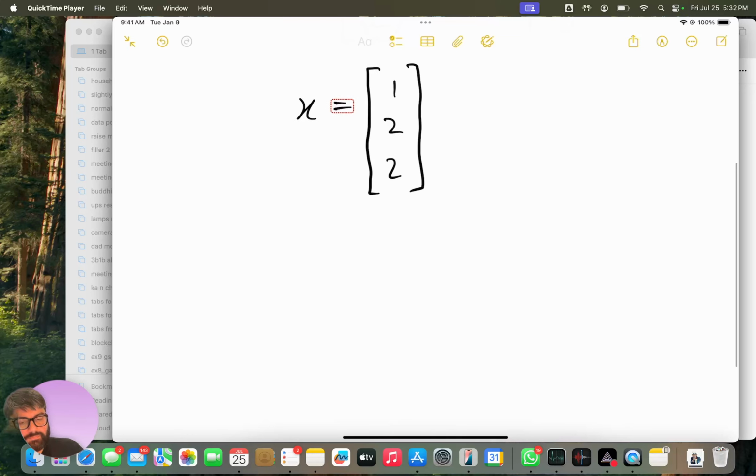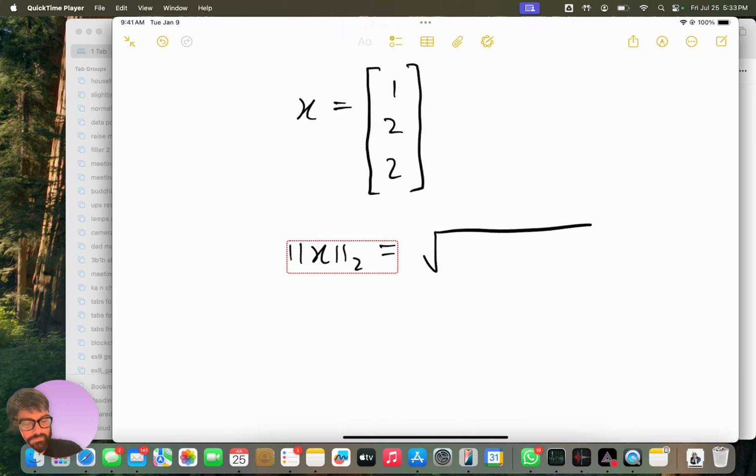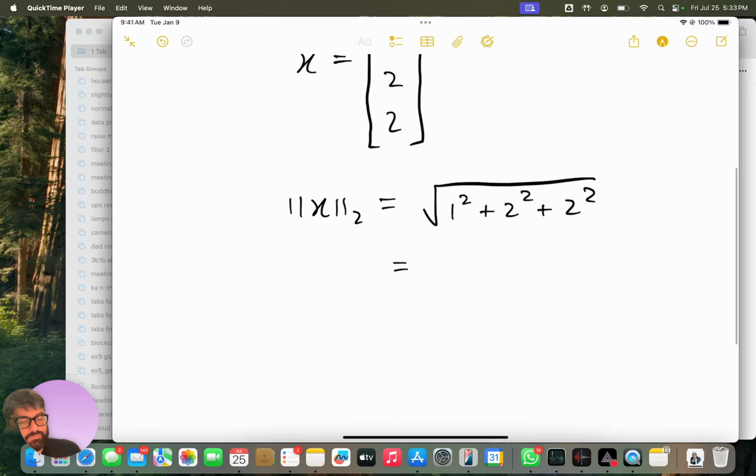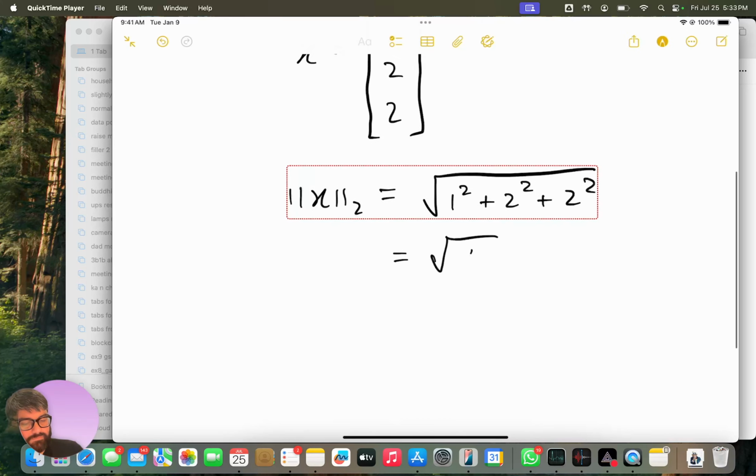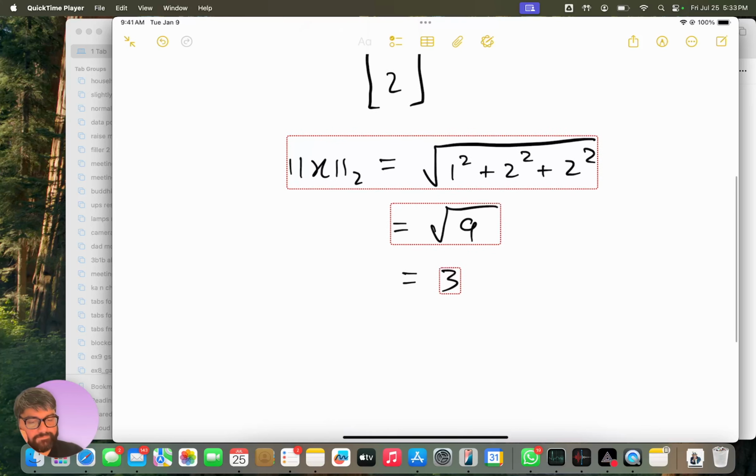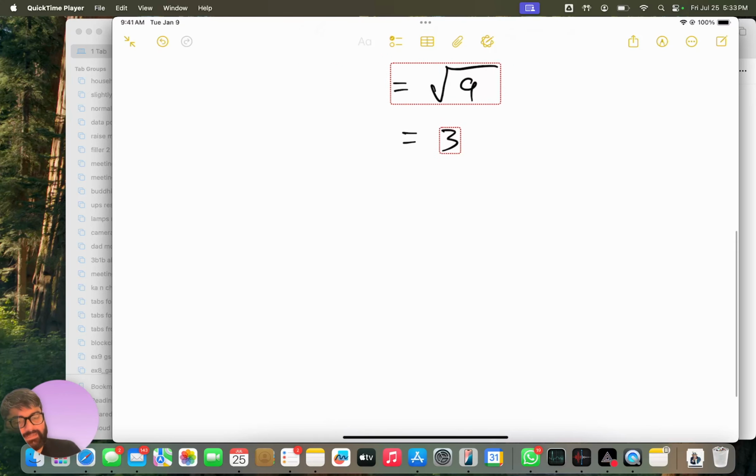So the norm of x, or the L2 norm specifically, that's what the subscript of 2 denotes, is the root of 1 squared plus 2 squared plus 2 squared, which equals root of 9, which equals 3. Pretty straightforward so far. Now we get alpha.